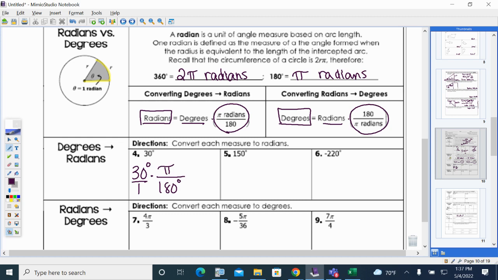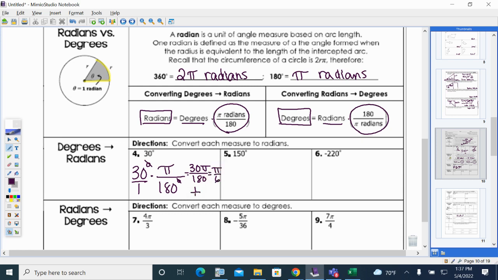The units, degrees, need to go away there. And you end up with 30 pi over 180. And then, of course, we want to make sure we reduce that. So 30 pi over 180 is going to reduce to pi over 6.